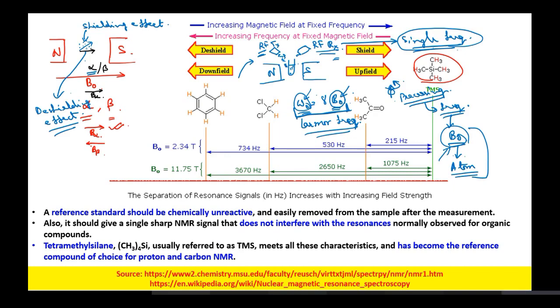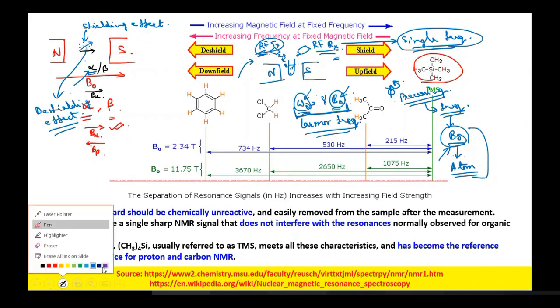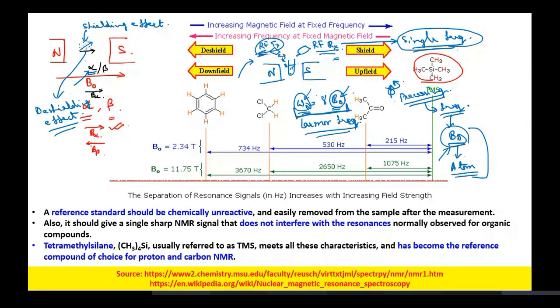However, when we are irradiating this sample with this RF pulse, it has to be in this alpha configuration always, so that it can receive this radio frequency, and by absorbing that radio frequency pulse, it will go to the beta state.